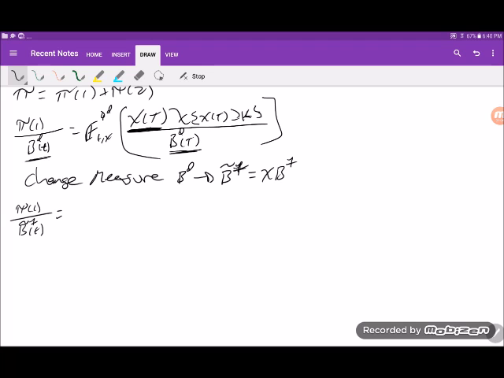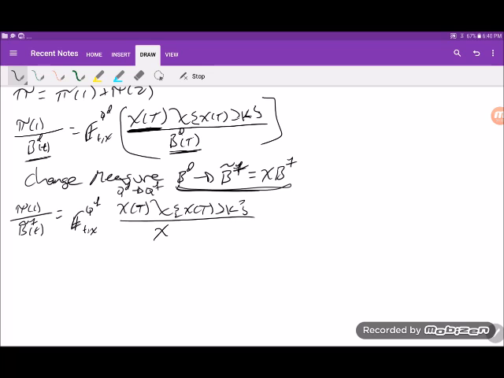And now we change measure. This is our change to QF. So this is a change in numeraire, but the change in measure is from QD to QF. So we have to change our expectation to QF, and it's going to be xt times the indicator that xt is greater than k over this new numeraire BF.